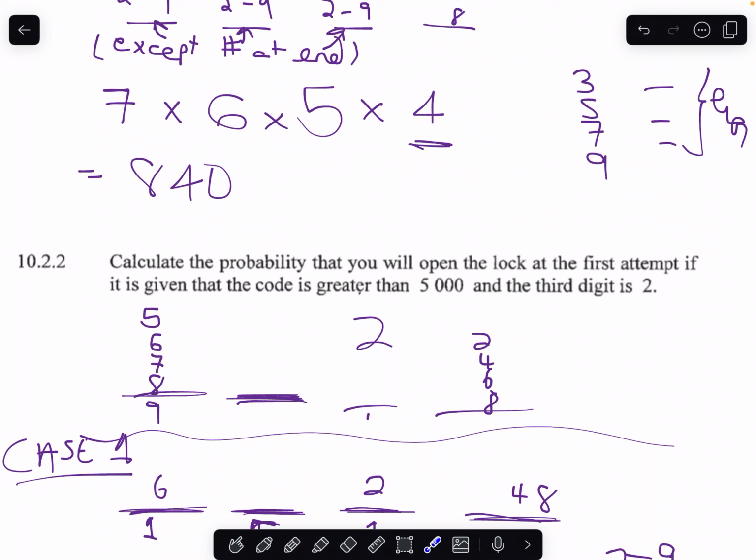If it is given to who? Okay, I'm trying to make sense of this.